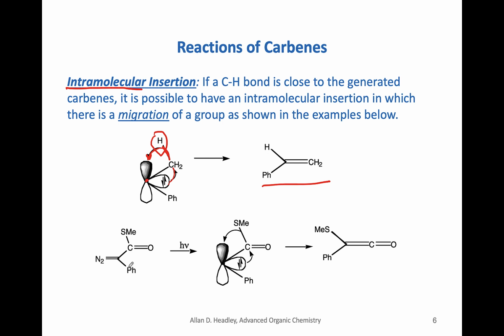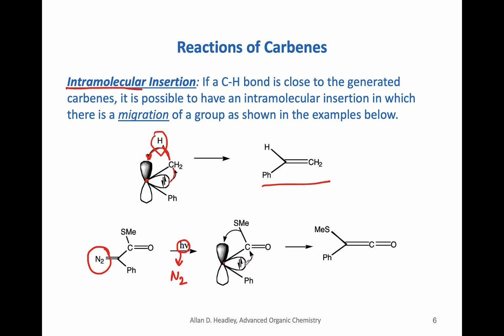Here's another example. The carbene will be generated based on the loss of nitrogen here. So we can imagine here we have N2 coming off in the presence of light. So we have the carbene that's generated. It's nucleophilic and electrophilic.